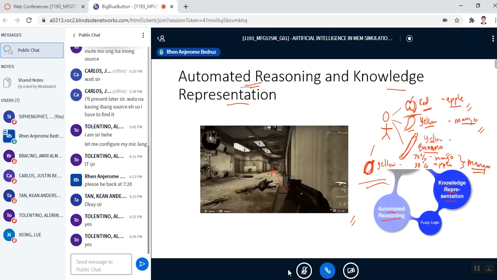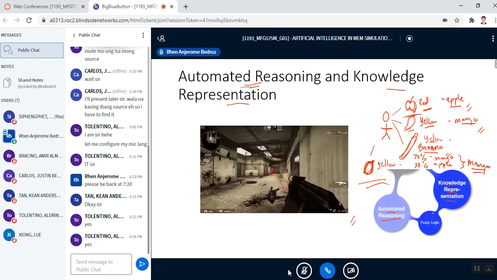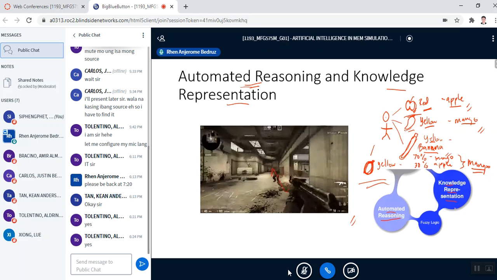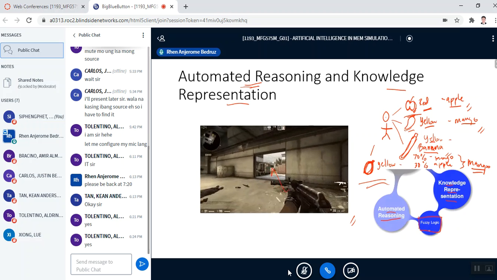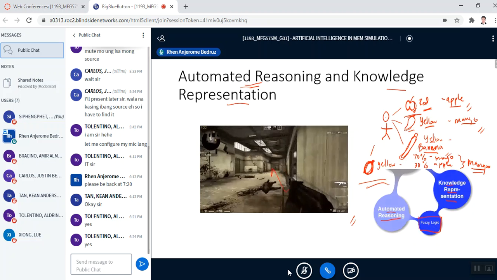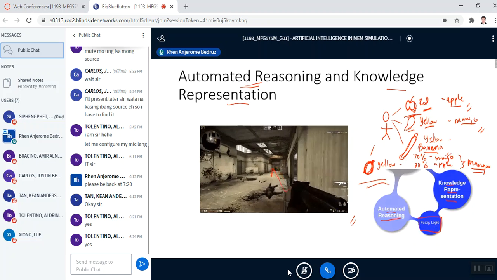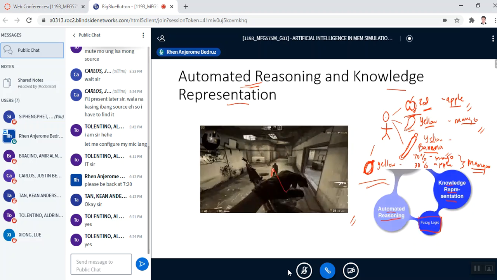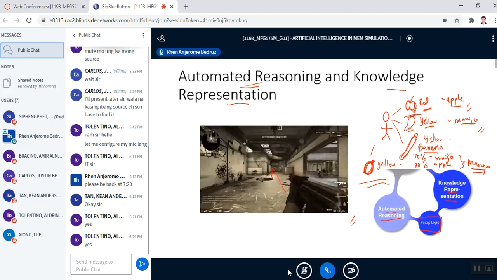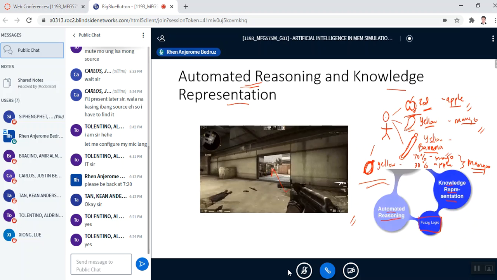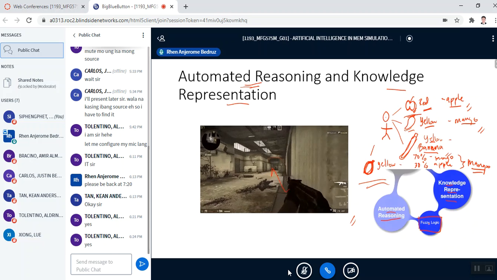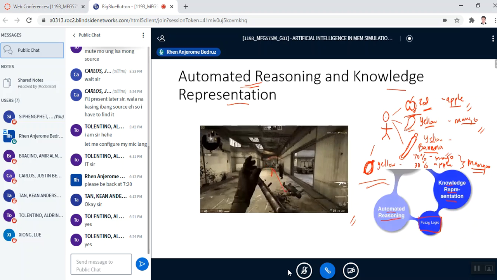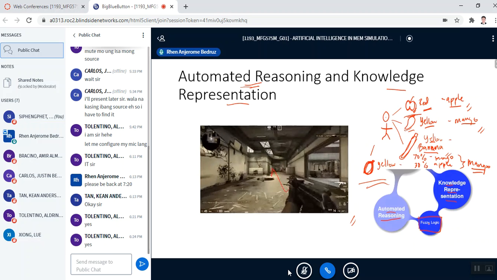A good example to perform knowledge representation and automated reasoning is through the use of fuzzy logic, which most of you have discussed in your papers. There are two of you who discussed fuzzy logic, which we would be discussing later on, but we would just be having a glance at it.